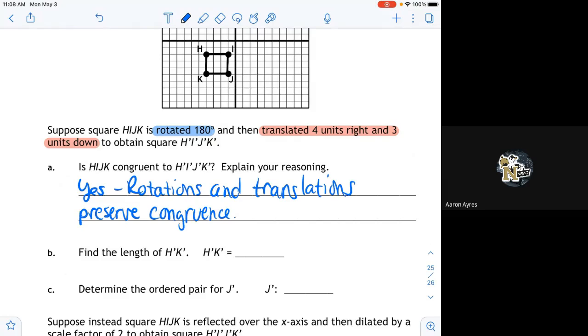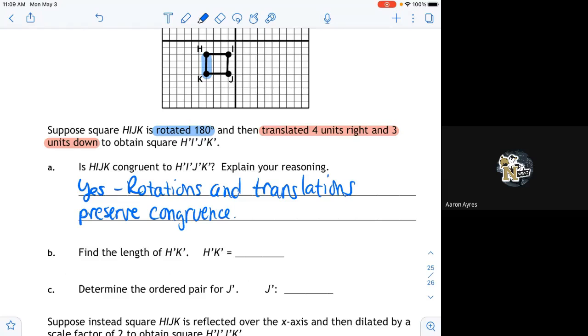All right. Once you have your answer for A down, here's the deal. HK, how long is HK, by the way? How many units? Where's your hand when you've got it figured out? Evie? 3 units long, okay?